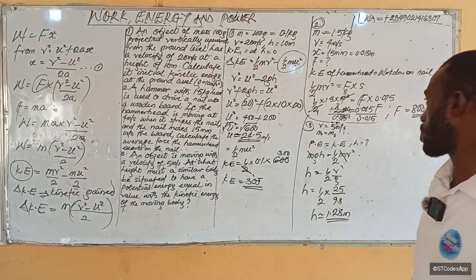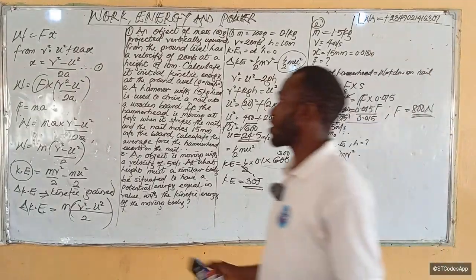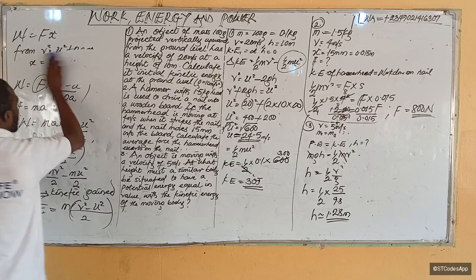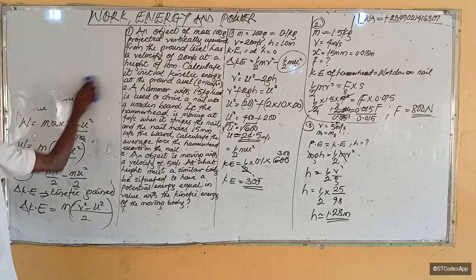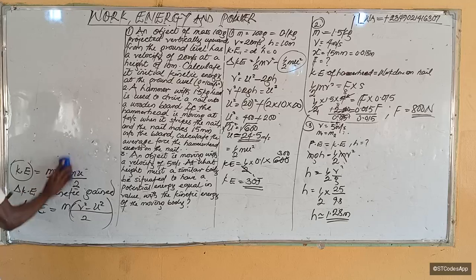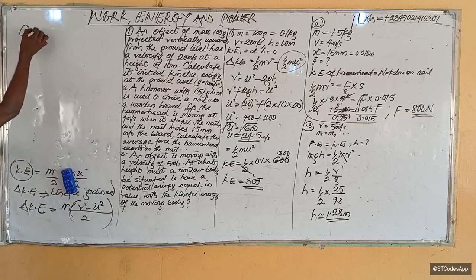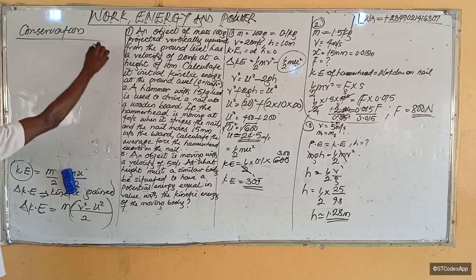Now, one more thing we have to talk about under energy is conservation of energy. Before we talk about power, power is the last thing here, you have to know about conservation of energy. Conservation of energy is what we have seen here actually.